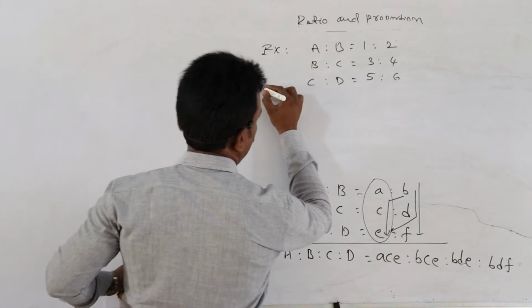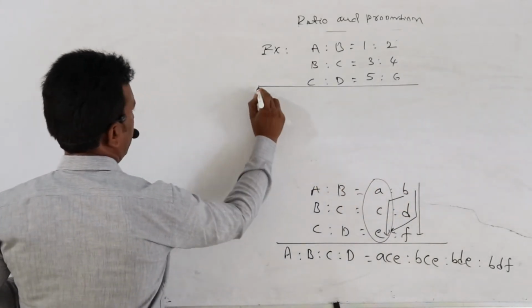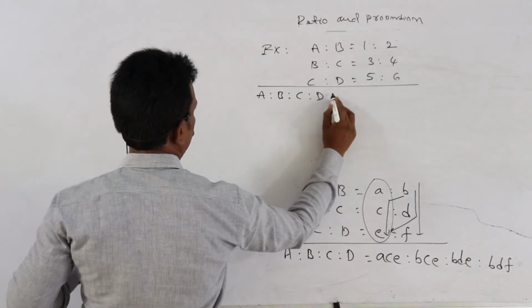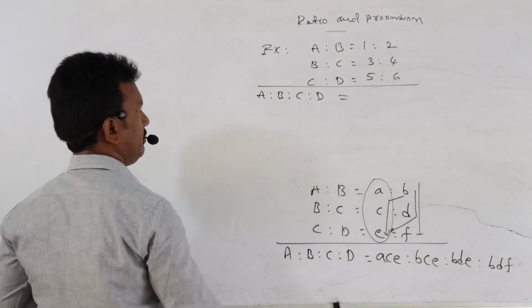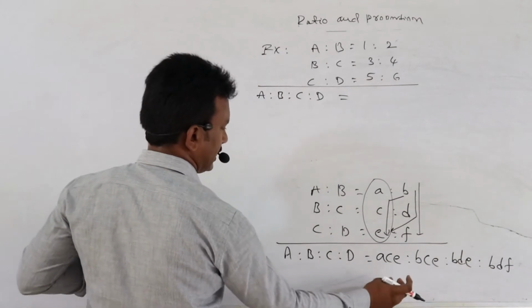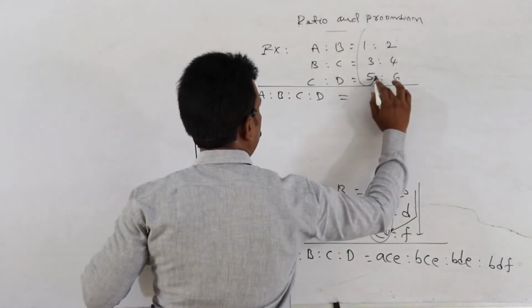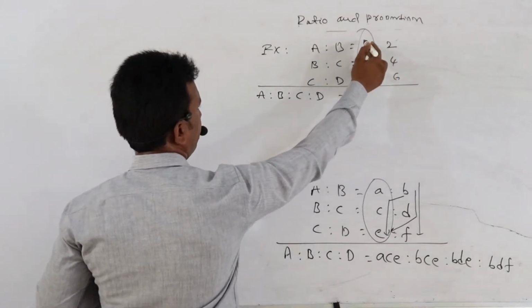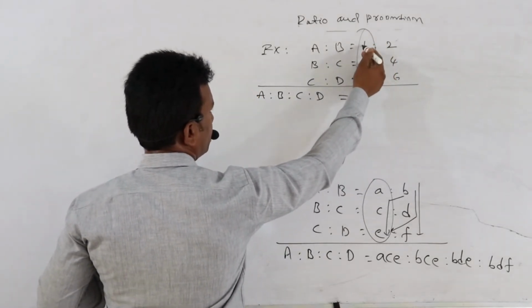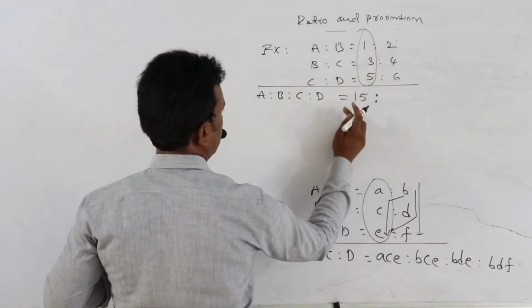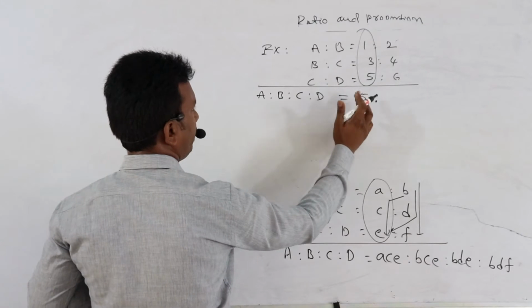So write the ratio of A is to B is to C is to D. Simply here we follow the shortcut method. We write the direct multiplication of A: 1, 3, 5. So 3 ones 3, 3 5s 15. So 15 is the first part, the part of A.